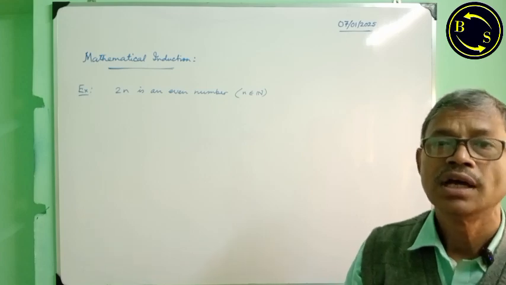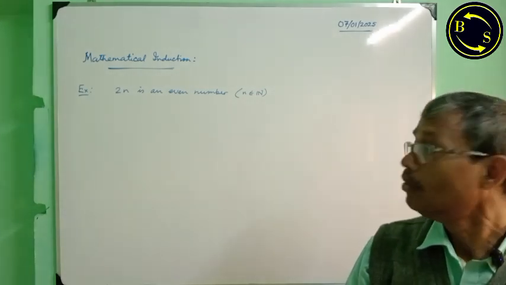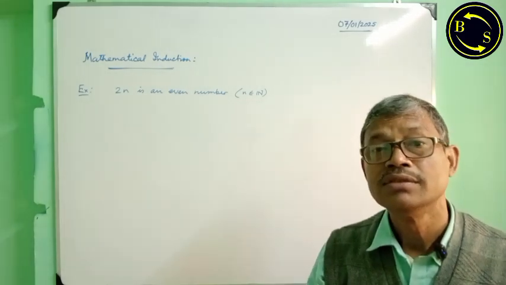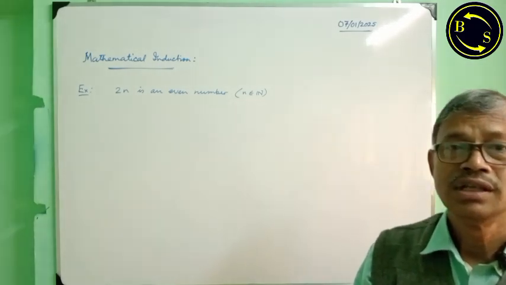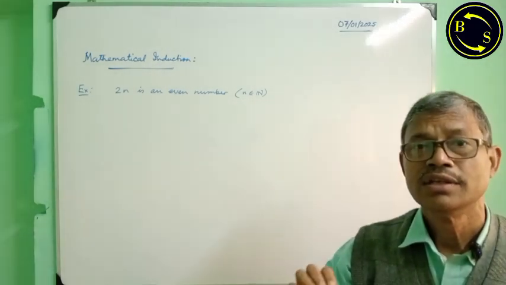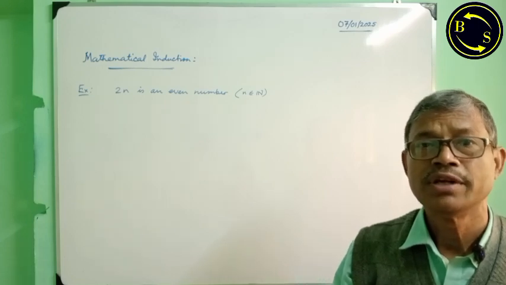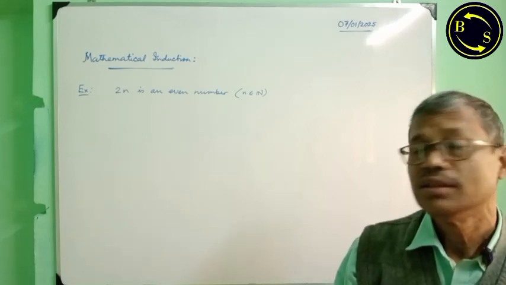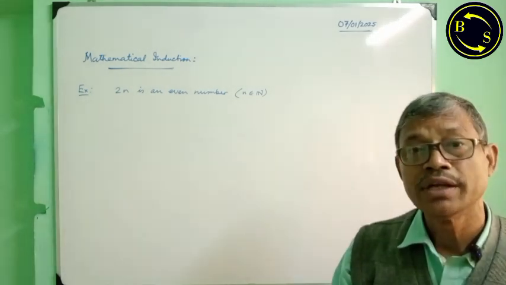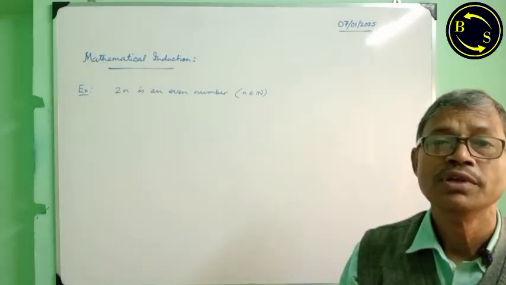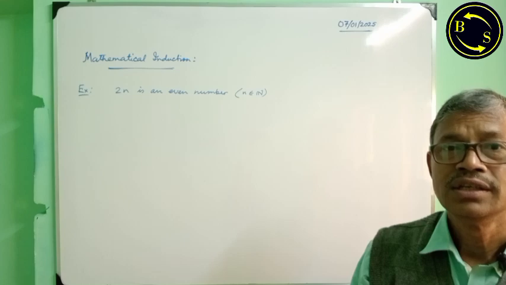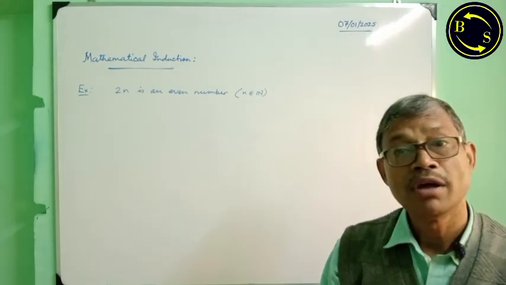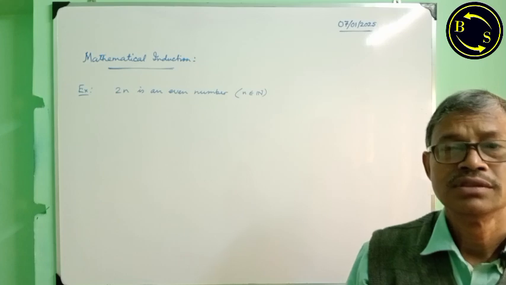These numbers are even. Now, if that expression is complicated and a given property is to hold for that expression, then it will be quite difficult to prove that directly. For that, we apply the principle of mathematical induction.